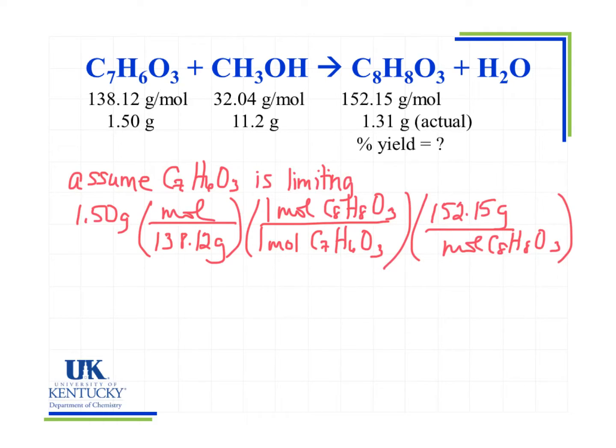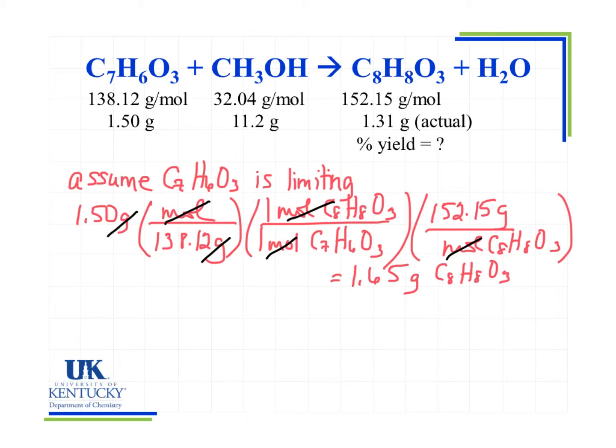Now I can go through and cancel out all my units. So moles of each substance, moles, moles, and I'm left with grams of my methyl salicylate, my product. And when I do the calculation, what I find is that it can produce 1.65 grams of the C8H8O3.